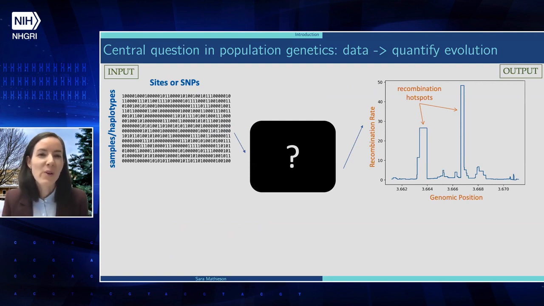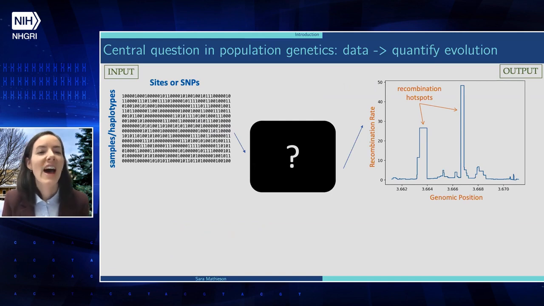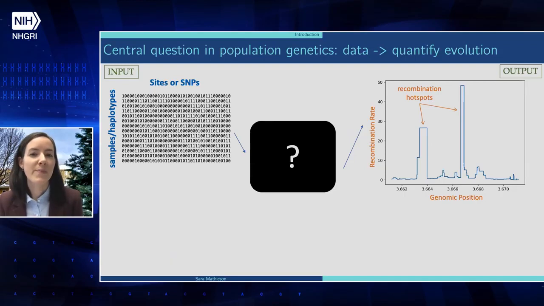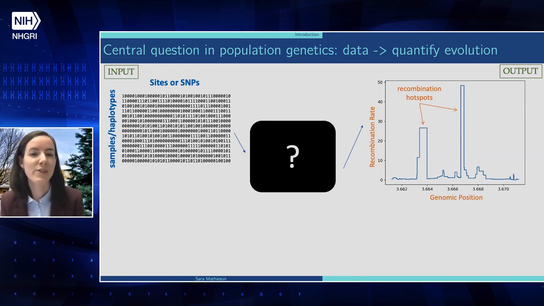One of the big questions in population genetics is, how do we go from all of the simulated data, all of the sequence data, and actually learn something about evolution? Here I have this big matrix of zeros and ones representing a bunch of different samples and a bunch of different SNPs for these samples. Say I want to learn something like recombination hotspots, or something about the recombination landscape. But I don't want to do this just for this particular sample, or just for this particular problem of recombination.